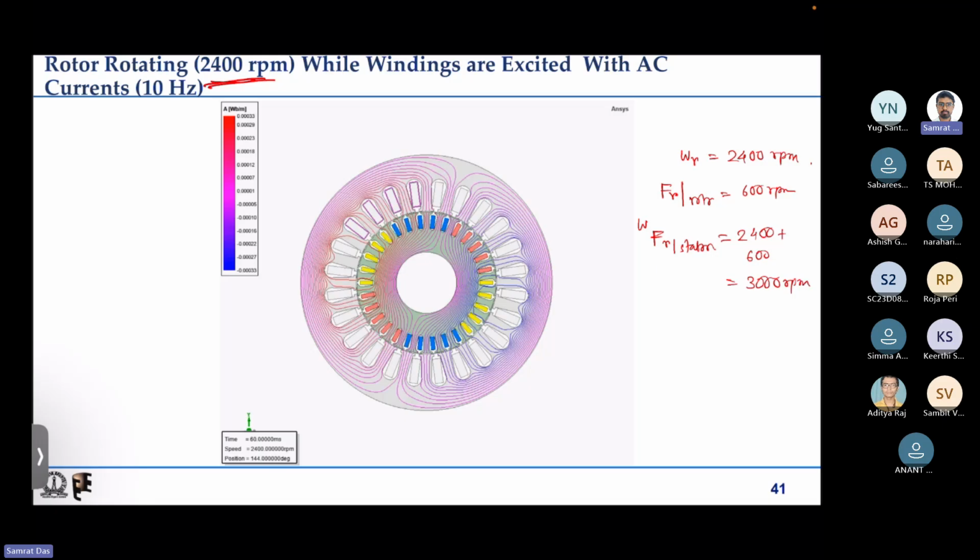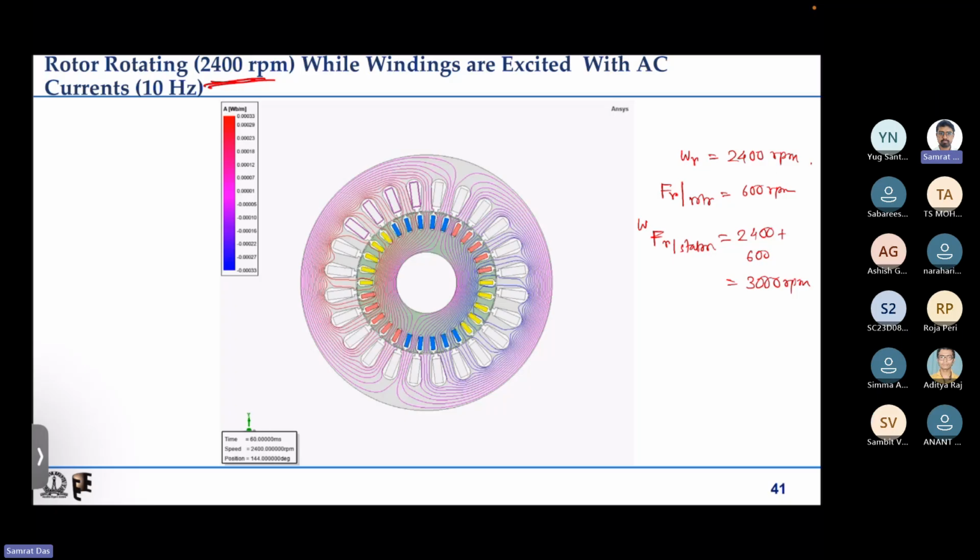So we saw that if we pass some current, say 10 hertz current, which corresponds to anti-clockwise rotation of the rotor field by 600 rpm, and if we run the rotor also at 2400 rpm, then the speed of the rotor magnetic field with respect to the stator or any stationary observer will become 2400 plus 600, that is 3000 rpm, which is eventually the same as the speed of the stator magnetic field as seen by the stator.